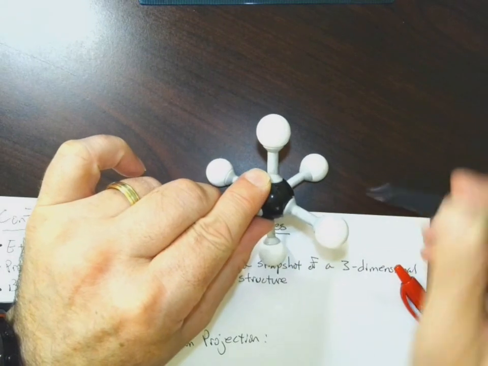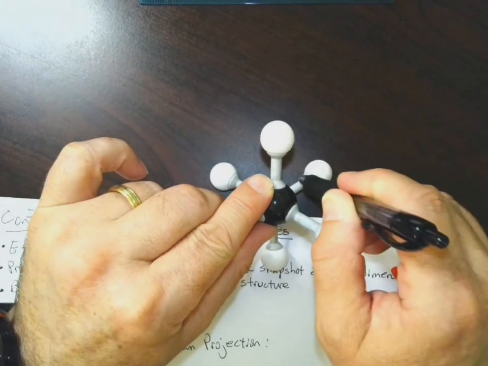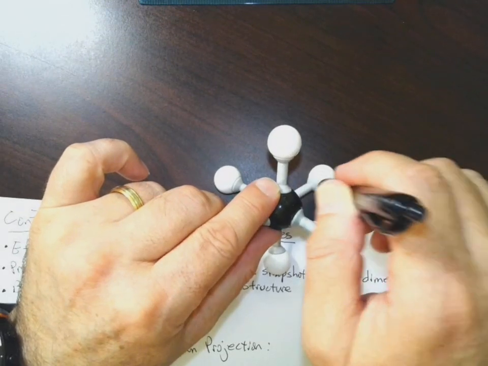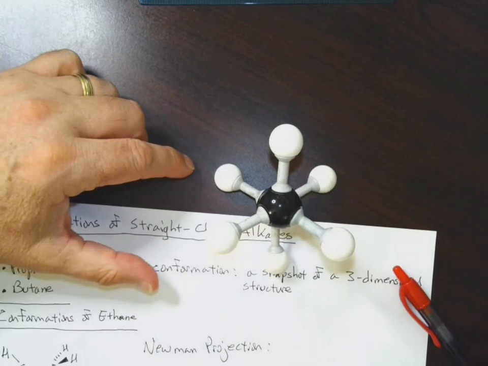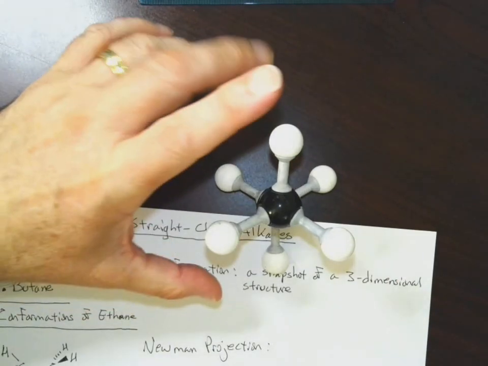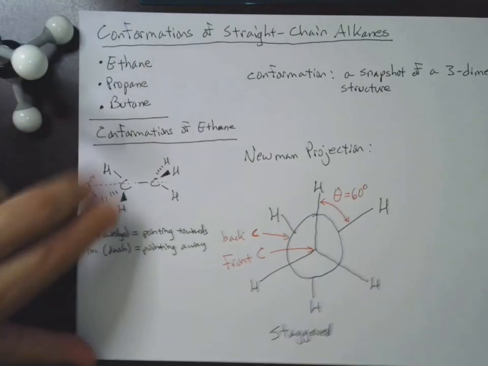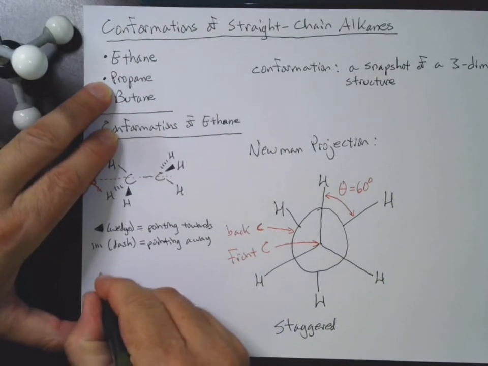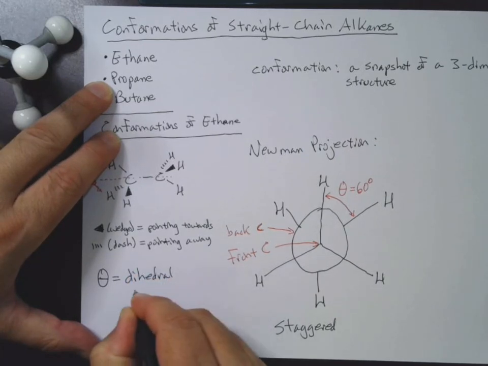A bond there, my other bond there, and the angle between those is 60 degrees. So that's 60 there, 60, 60, etc. All adds up to 360 degrees. We call theta the dihedral angle. Let me write that down here. So theta equals dihedral angle.